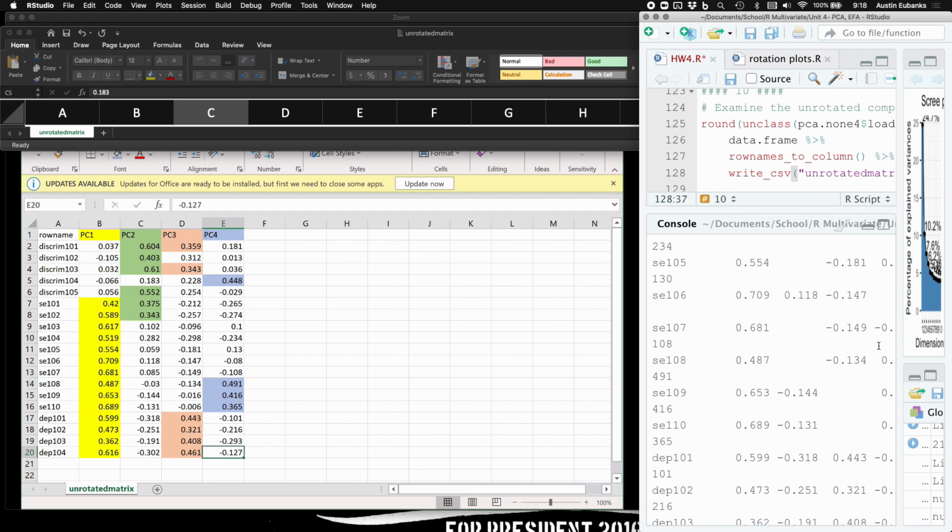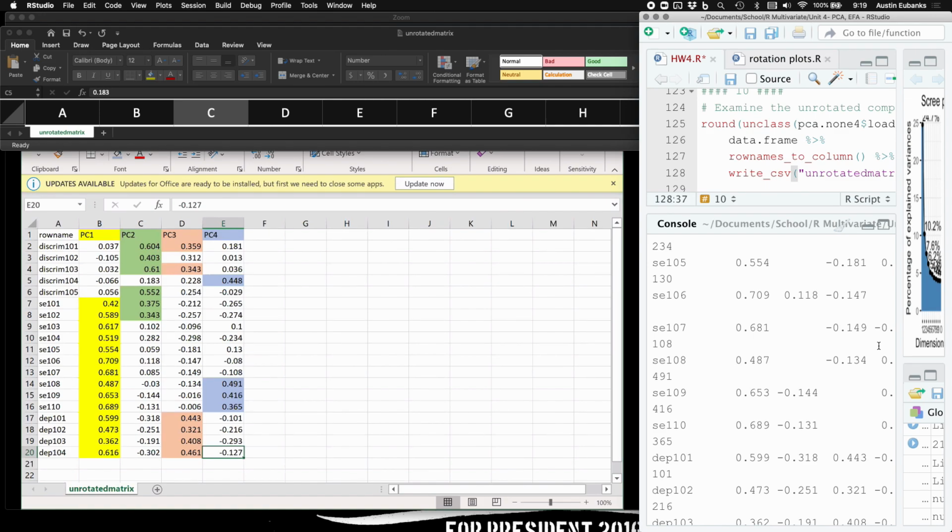Correct. But whenever you present your results, you just need to be clear about how you made that decision. So we're looking right now at complex loaded items, and we're defining complex loaded as those that load 0.32 or higher on more than one component. But as long as you specify that in your article, you can do 0.3 or 0.32.